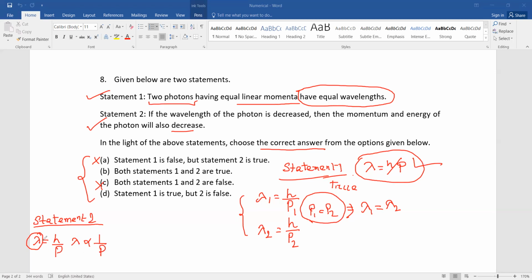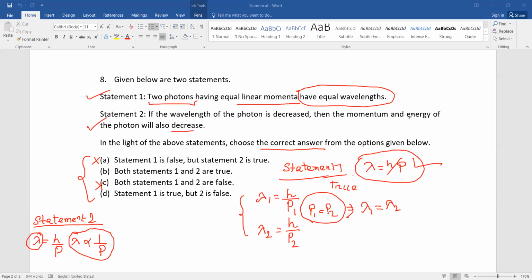If you reduce the wavelength of the photon, the momentum will actually increase. It will not decrease, but it will increase. But here it is written that the momentum will decrease, so statement two is false.